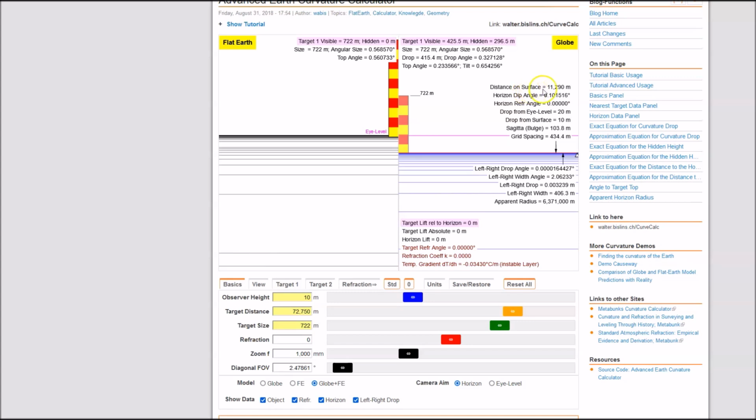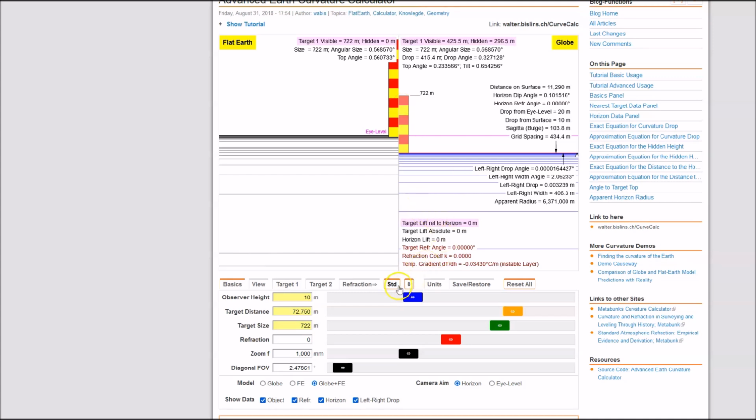He gives us distance to the island, horizontal dip angle. So the angle that we're looking down to see the horizon is 0.1 degrees, whereas on the flat Earth side, the horizon would be at our eye level there, according to Bislin's model. And there's one limitation within this model that I'm going to bring up because it is relevant to what Sky Free was talking about.